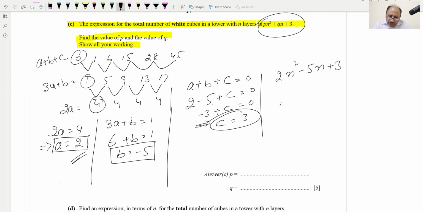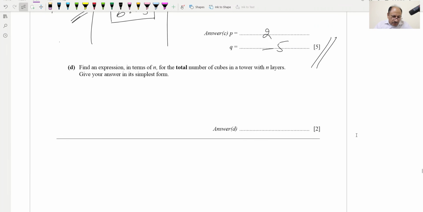So p is equal to 2 and q is equal to minus 5. These will be the two values which we will be mentioning over here. P will be equal to 2 and q will be minus 5, and this was a 5 marks question which we are done. Hopefully you understood this.